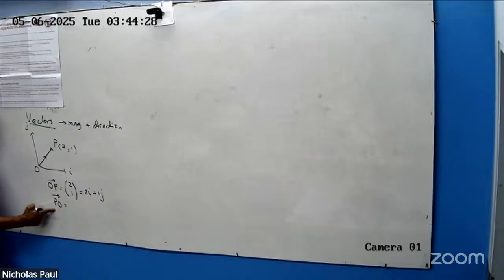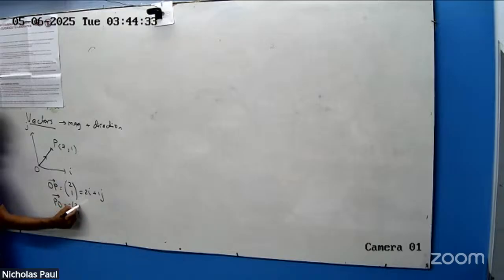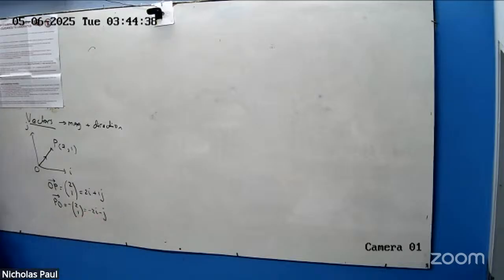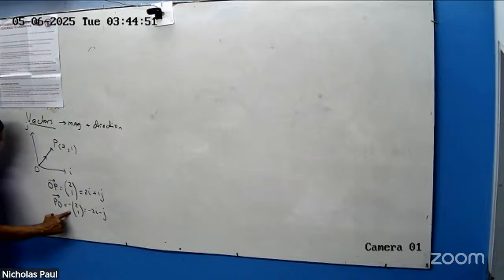If you change direction, all we have to do is change the signs of everything in here. So it becomes minus 2i minus 1j. That's all. If you change from going with the arrow to against the arrow, you use a negative sign. So make sure you know that the negative sign indicates a change in direction.